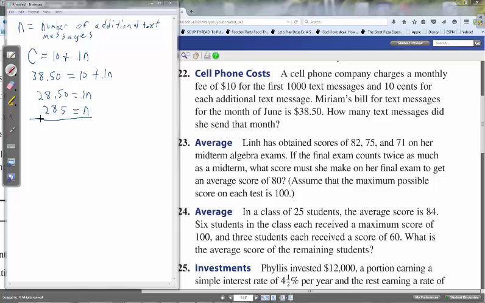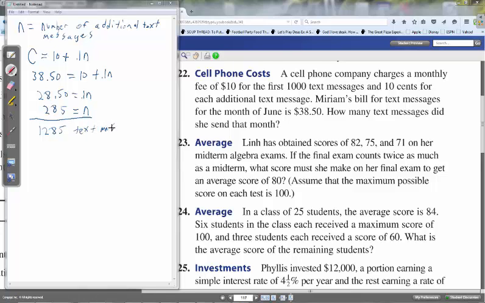So we basically solved the problem at this point. We have an answer, but we need to interpret it. How many text messages did she send that month? Well, n is the number of additional text messages. So the total number of messages she sent is actually 1,285 text messages.